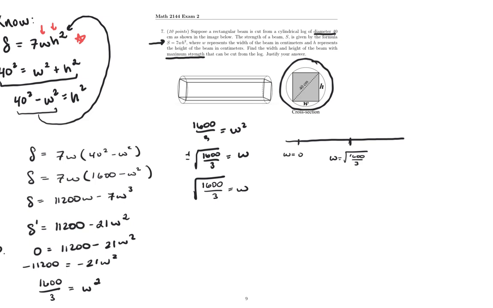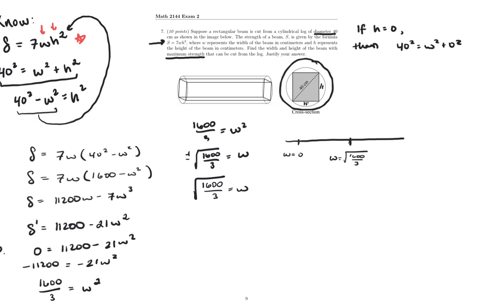And what's the maximum W can be? Well, what if H is 0? Then I would have 40 squared is equal to W squared plus 0 squared, right?